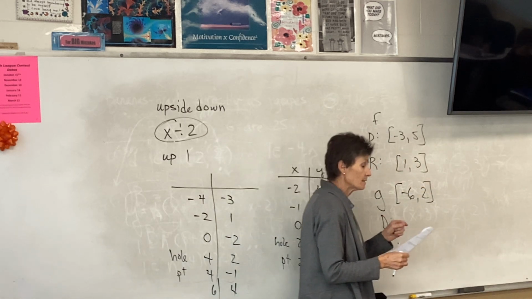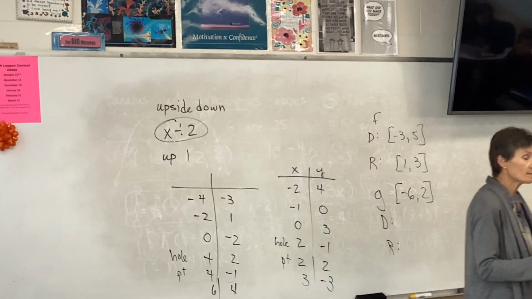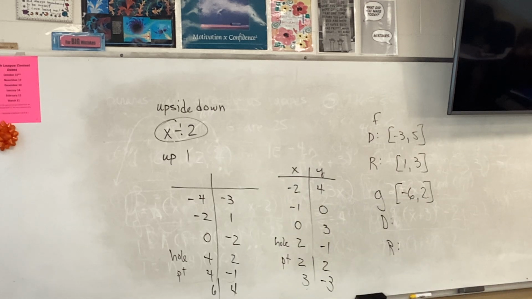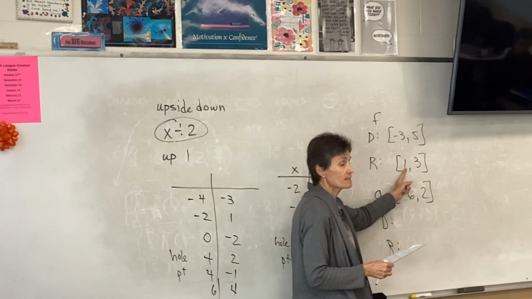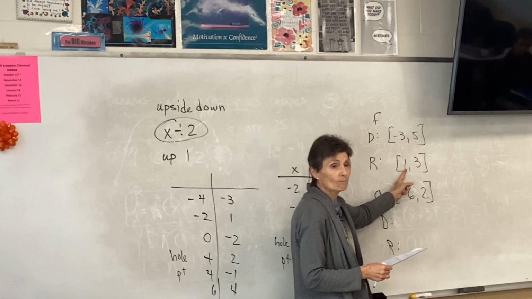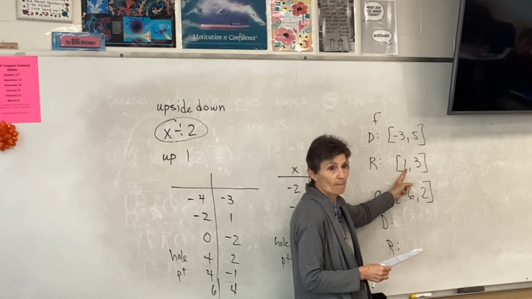Now, what have we done to the y's? Two things. What happened to the y's? We doubled them and then moved them down by 4. So if you double this and move it down 4, where are you going to be?